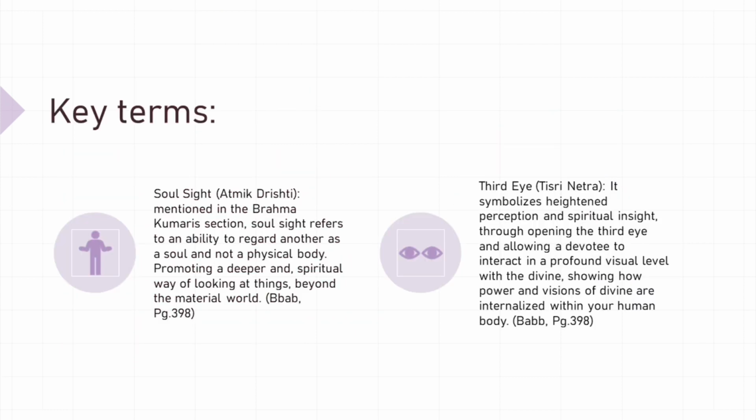The two key terms I find interesting in this reading is soul sight, which was mentioned in the Brahma Kumaris section. Soul sight refers to an ability to regard another as a soul and not a physical body, promoting a deeper and spiritual way of looking at things beyond the material world.